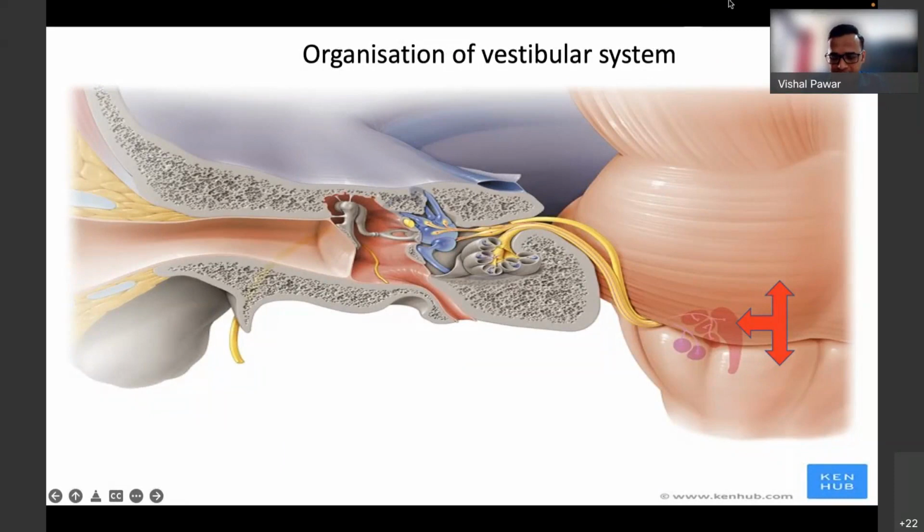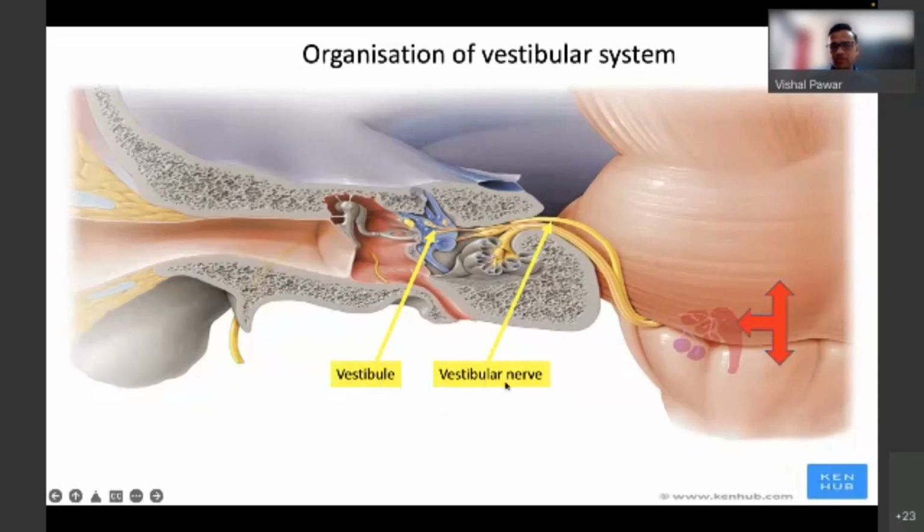Yeah, okay, great. So if we look at the vestibular system organization, you are all aware that there is this inner ear. There are two parts. One is concerned with hearing and one is concerned with balance, that is the vestibule.